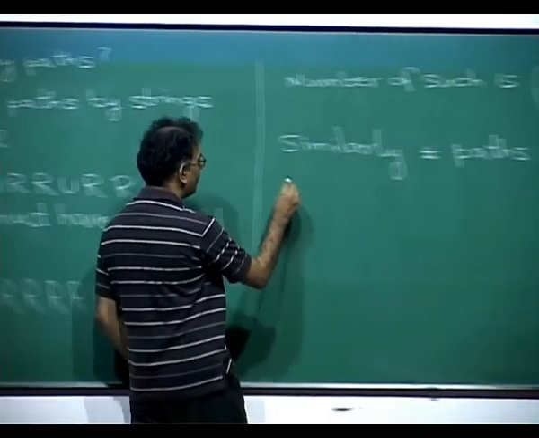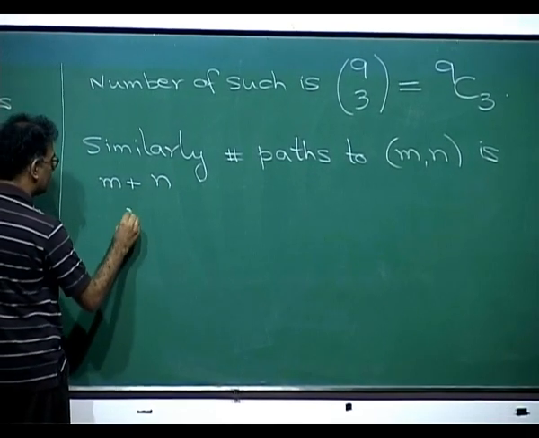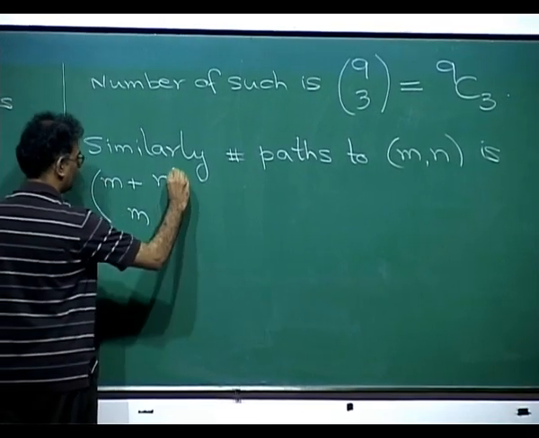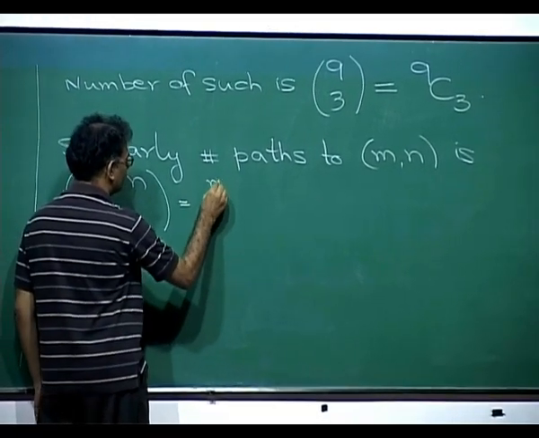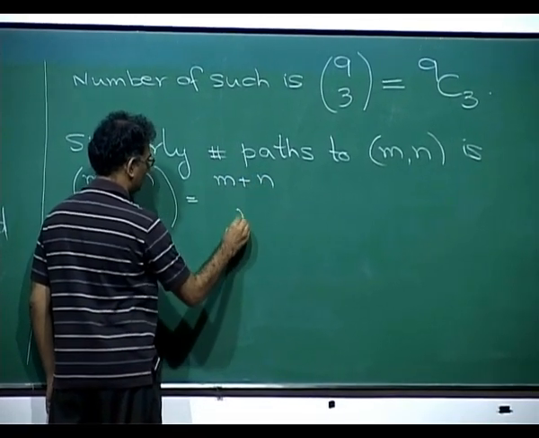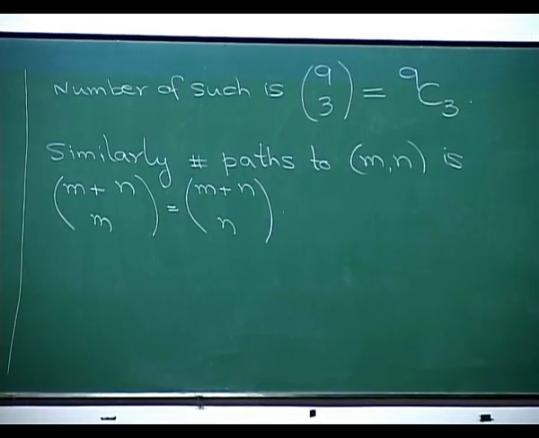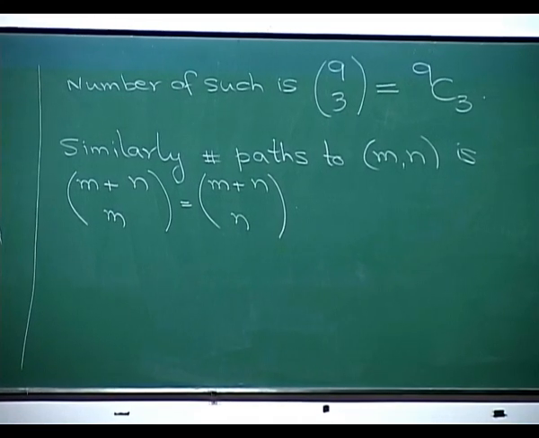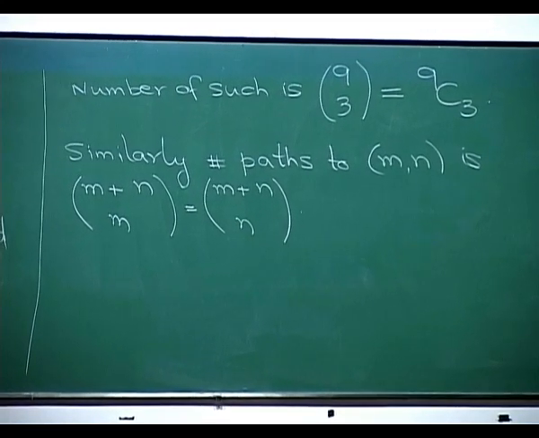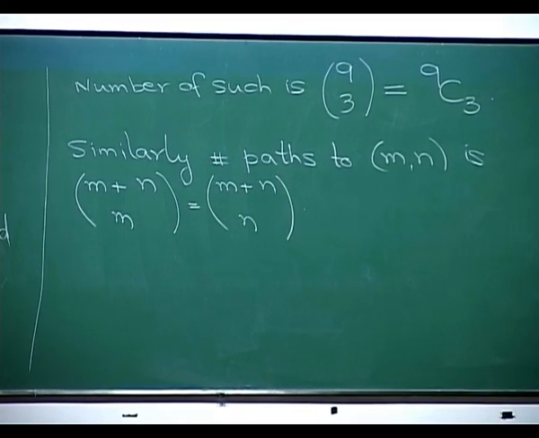So it is M plus N choose N, which is also of course M plus N choose M. So this is the number of paths from 0, 0 to any point where M and N are non-negative. That is, the point has to be in the first quadrant.